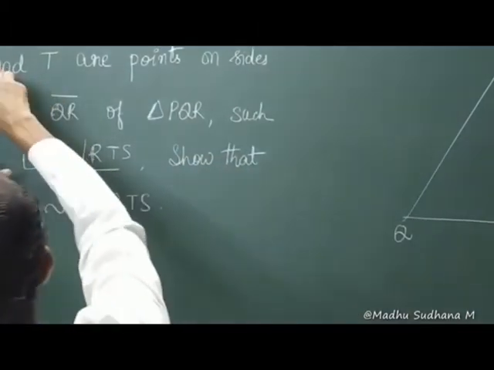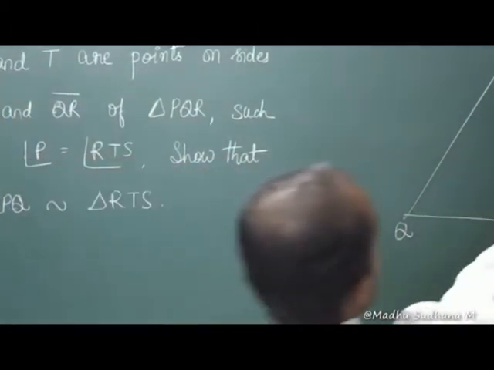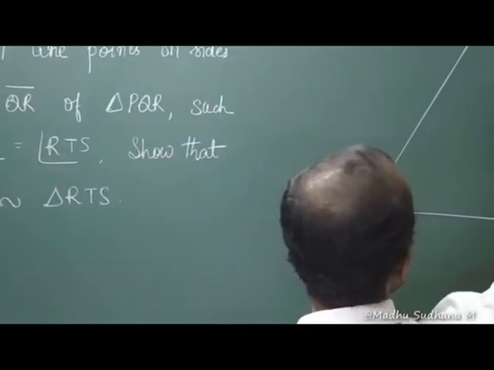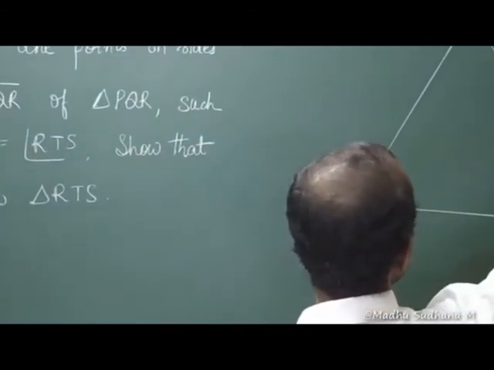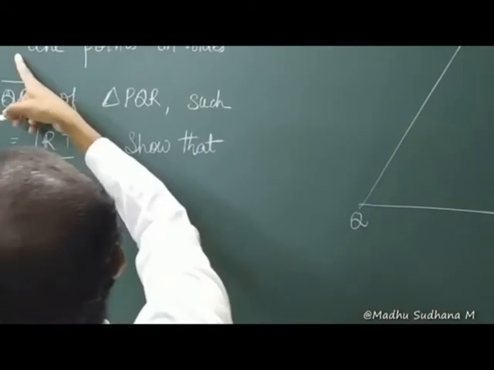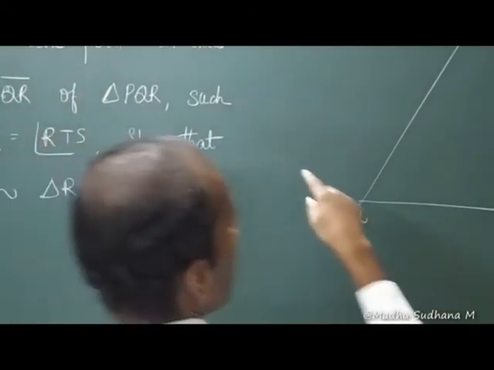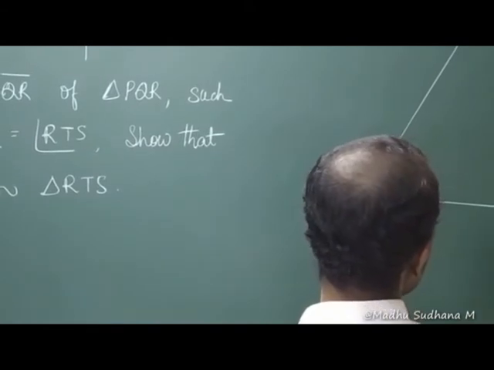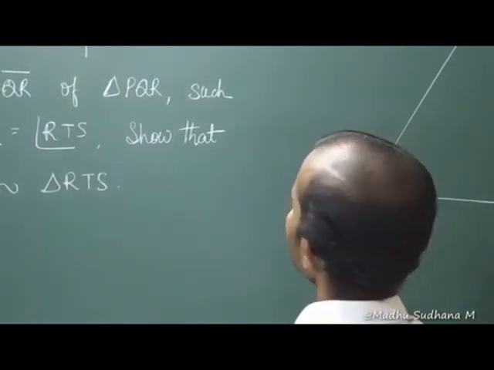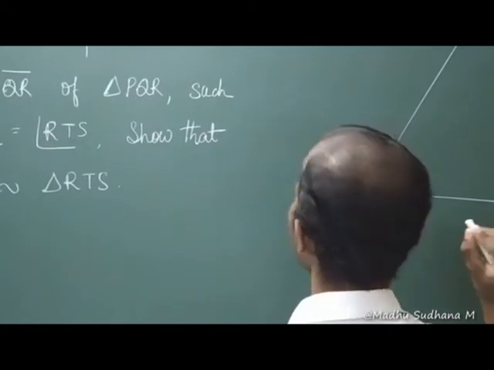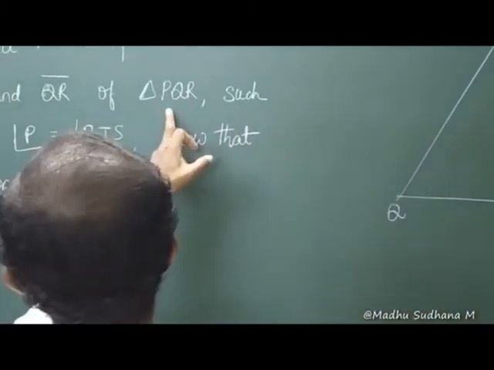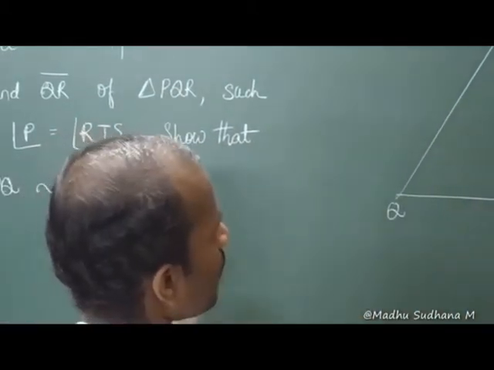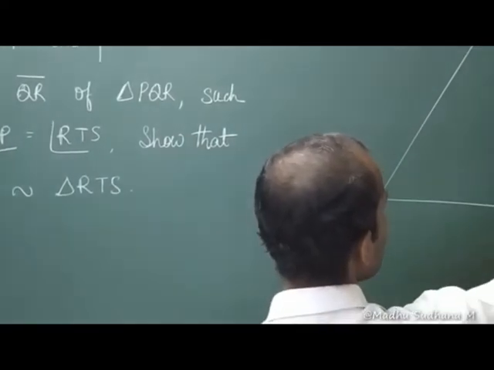So S is on PR. This is my PR. Let me write this point somewhere. This is S here. And T corresponding to QR. Somewhere here let me write one point. This is T. Of triangle PQR such that, I think I should join this.